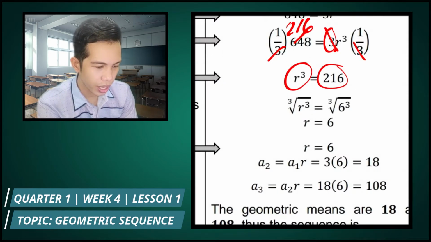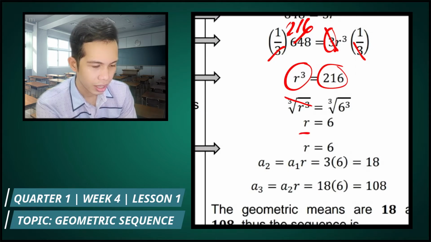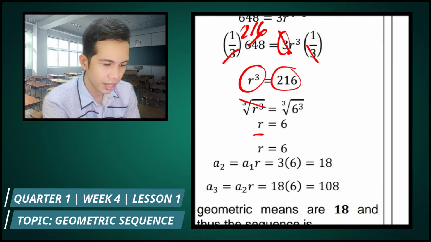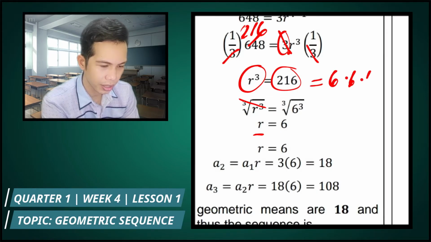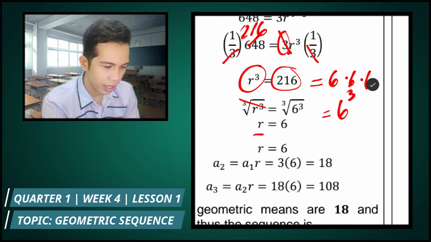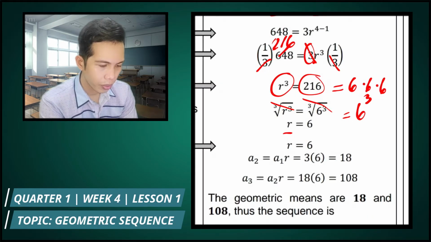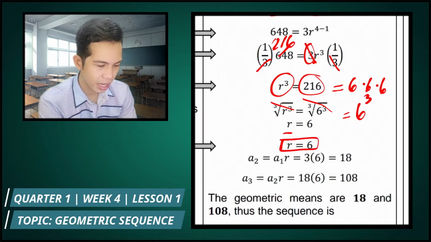For r raised to 3, taking the cube root, we can now extract and have r. And for 216, that is 6 times 6 times 6, which is equivalent to 6 raised to 3. Now, taking the cube root, we have 6. Therefore, our common ratio is equivalent to positive 6.